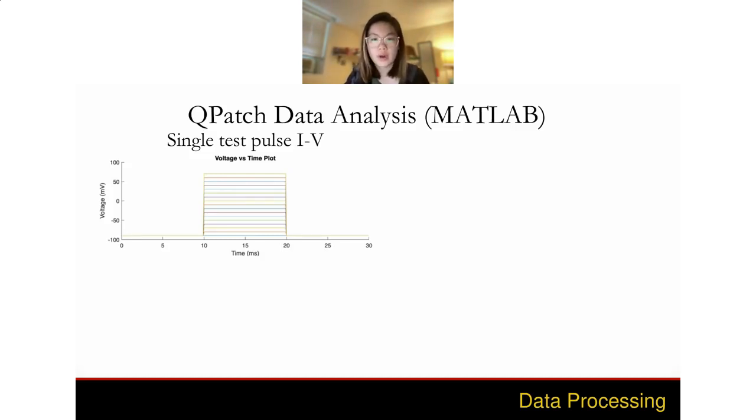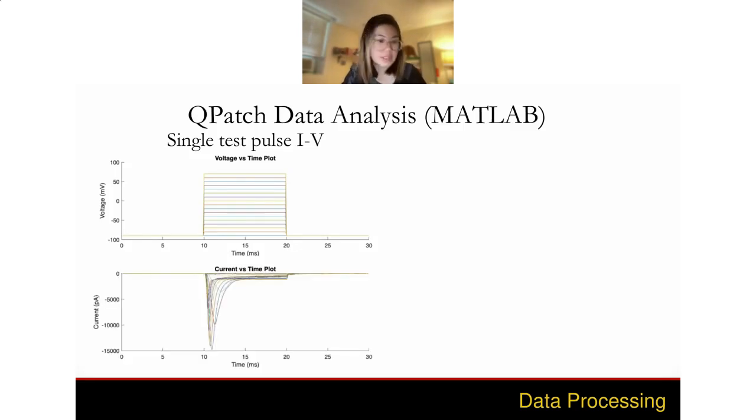So we would start low and then subsequently increase the voltage that we're injecting, increasing the voltage at each individual point. And this is the data that we gather from that. The colors all correspond, and you're able to see the current that we're generating via that same voltage test pulse. So current is on the y-axis, time is on the x-axis.